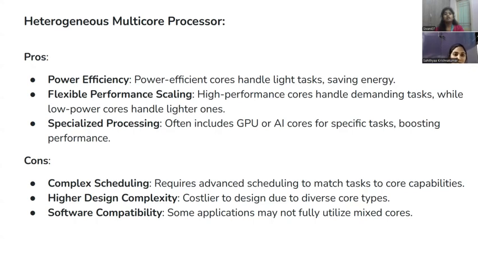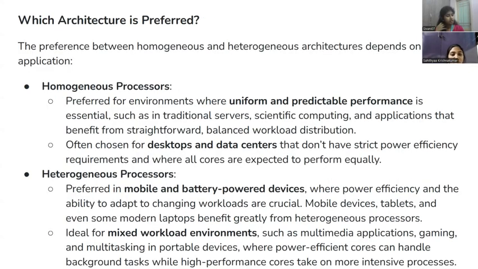Then, which architecture is preferred? Speaking of this, whether we prefer homogeneous or heterogeneous depends on the environment, what situation we are in. Homogeneous processors have uniform and predictable performance.